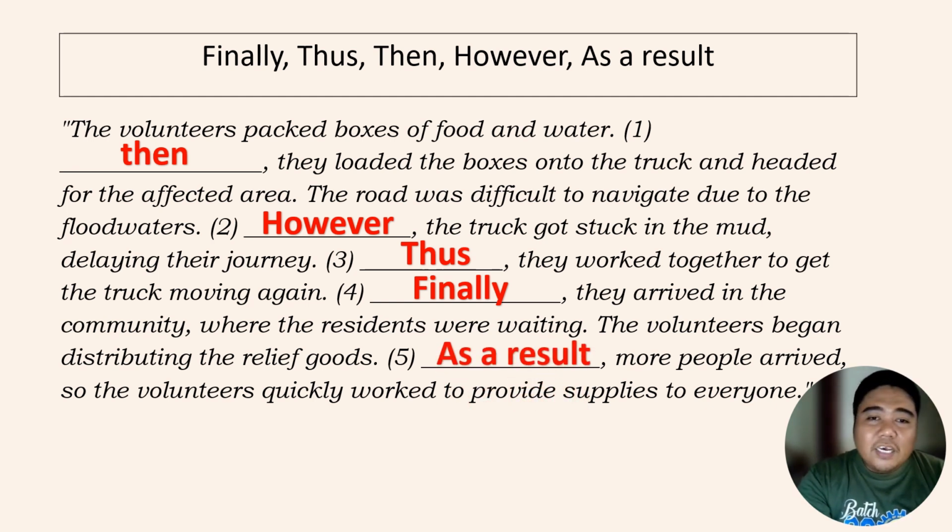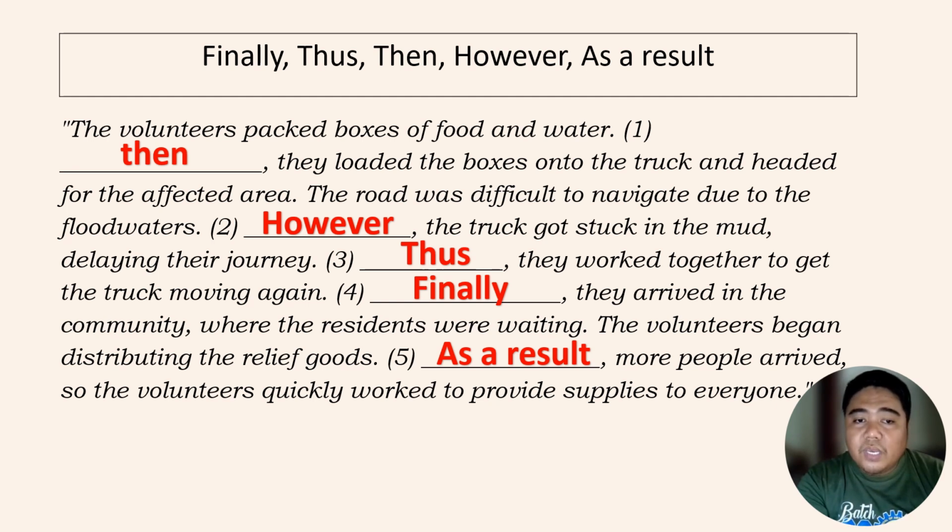So that the paragraph will become like this. The volunteers packed boxes of food and water. Then they loaded the boxes onto the truck and headed for the affected area. The road was difficult to navigate due to the flood waters. However, the truck got stuck in the mud, delaying their journey.